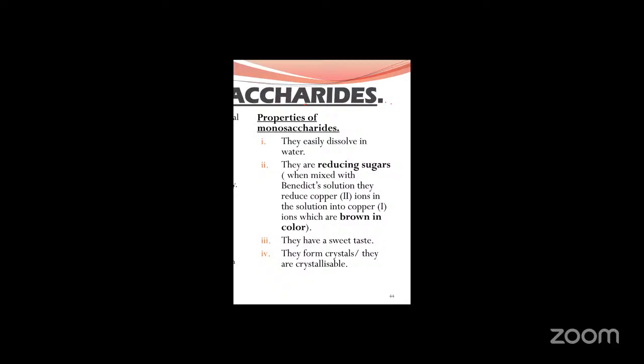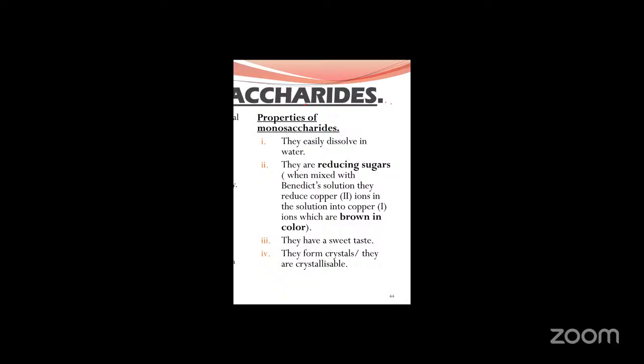Now, what is crystallization? Crystallization is basically converting a liquid form of a monosaccharide into a solid form of a monosaccharide. Like for example, unaweza chukua glucose, you dissolve it in water to form a glucose solution. If you want to have glucose back, if you want to regain the glucose which you dissolved in water, you can take the mixture of glucose and water and you heat it.